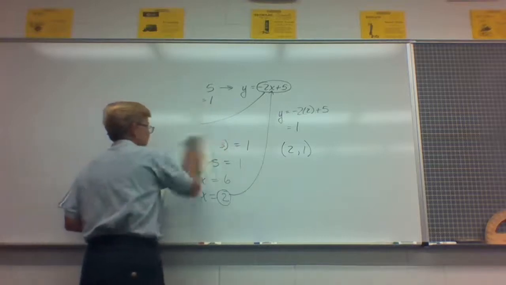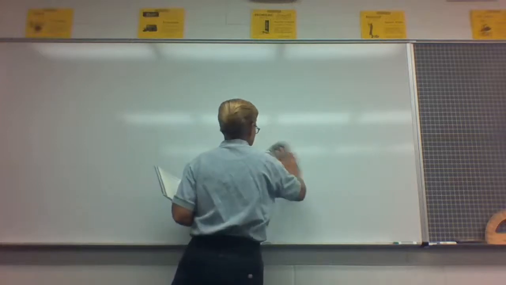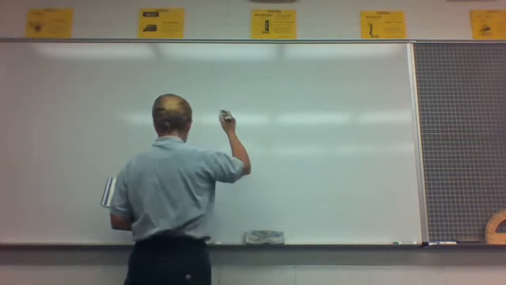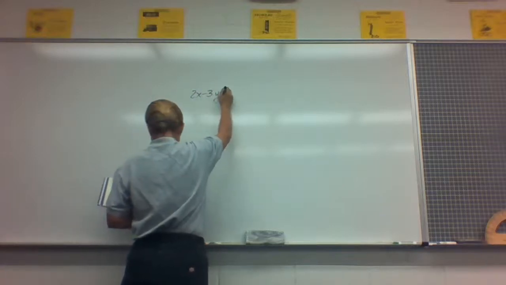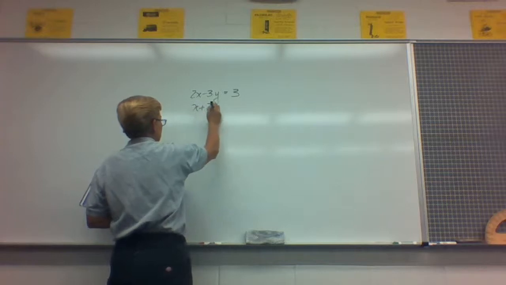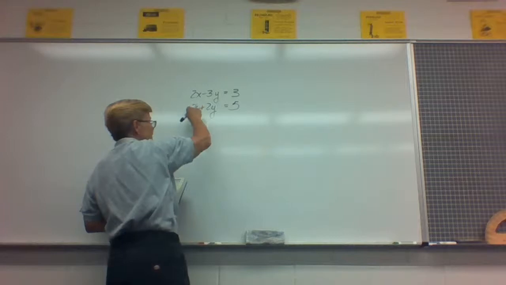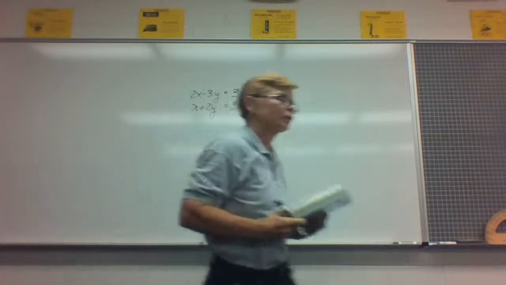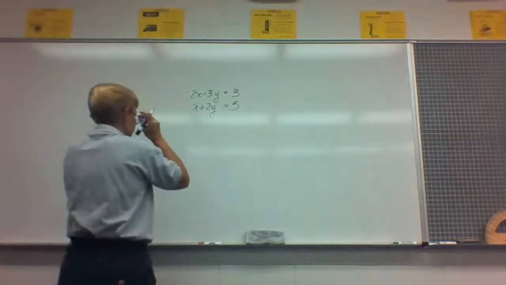So sorry about that. So part B on that one says 2x minus 3y equals 3, and x plus 2y equals 5. Now notice that over here, this has a coefficient of 1. So I could use substitution, but I want to demonstrate something else for you, so I'm not. I'm going to choose something else.